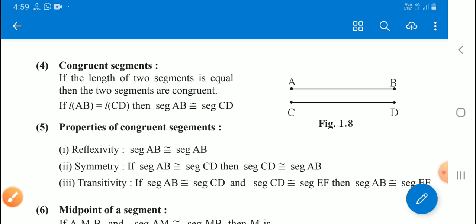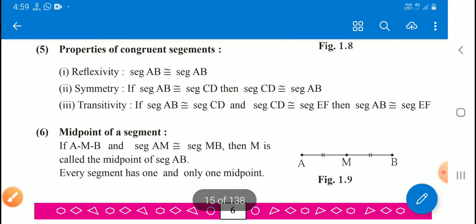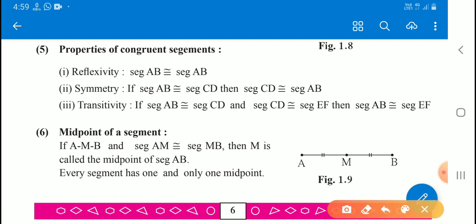So first of all, we will see the explanation of these three properties. First property is reflexivity. Reflexivity means every segment is congruent with itself.